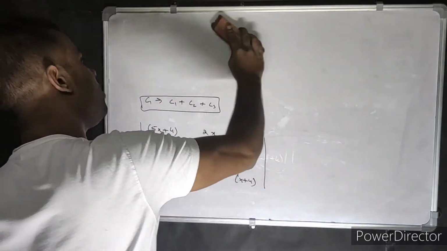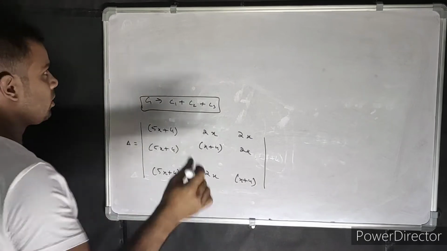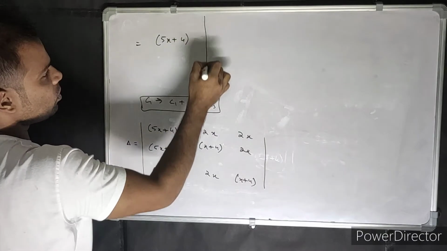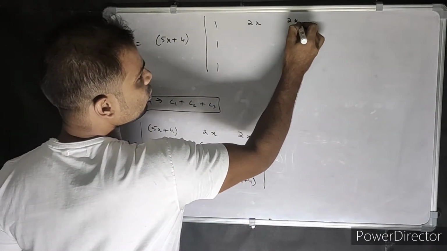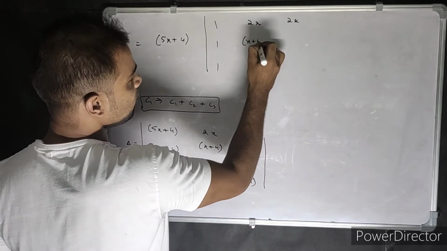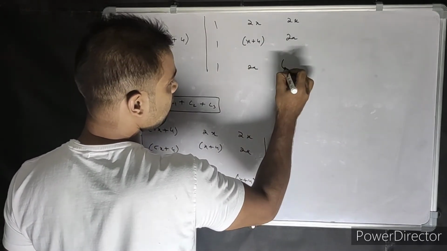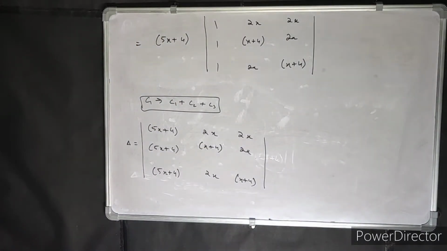No problem, I rubbed it off. I still know what I have to prove because the first part is already done. 5x plus 4 came out, 1 1 1, then 2x, 2x, x plus 4, then 2x, 2x, x plus 4, all copied. That's why you can do it very quickly.